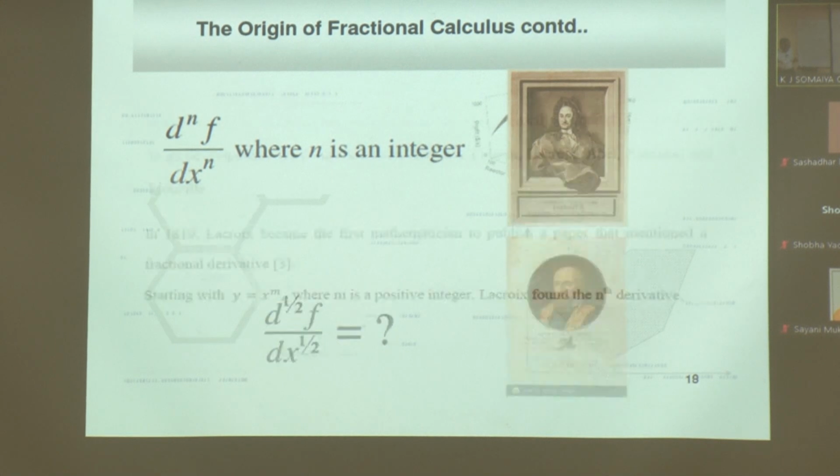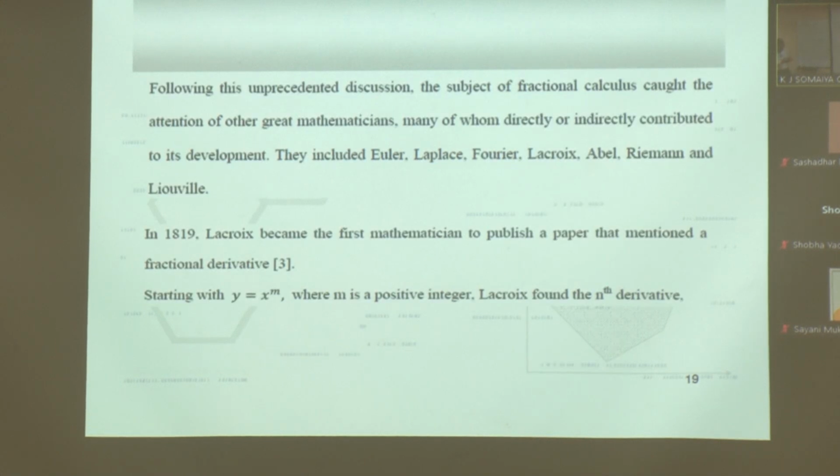Later on, many scientists worked on that, like Euler, Laplace, Fourier, Lacroix, Abel, and so many others. The first problem was solved by Lacroix in 1819, when this first problem on the fractional derivative started.